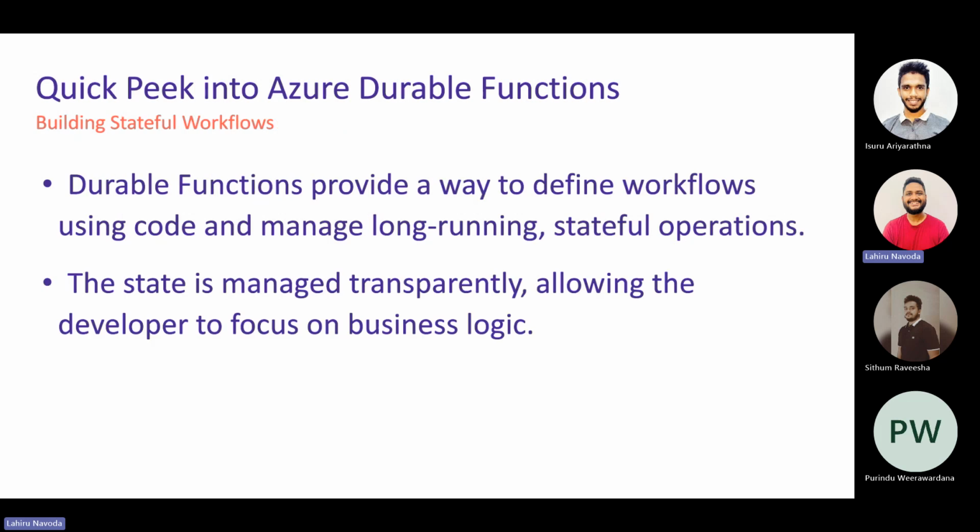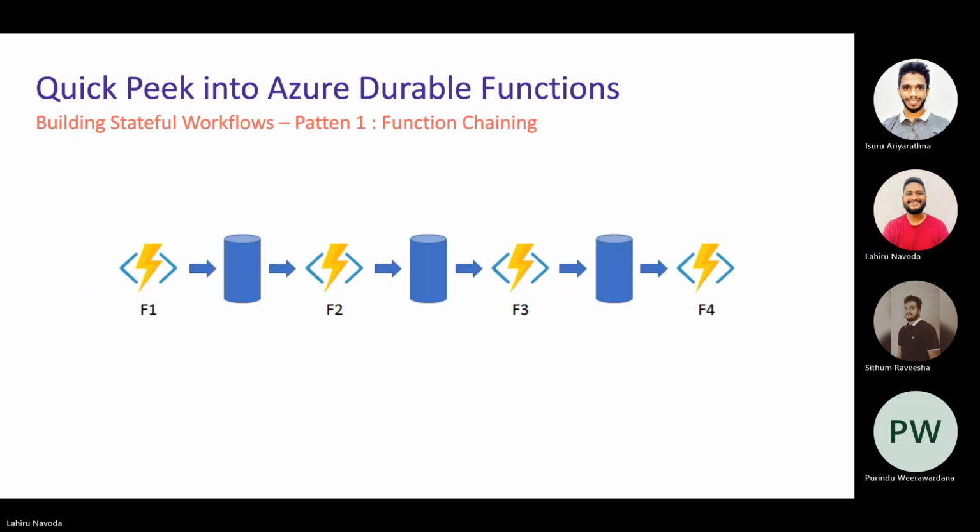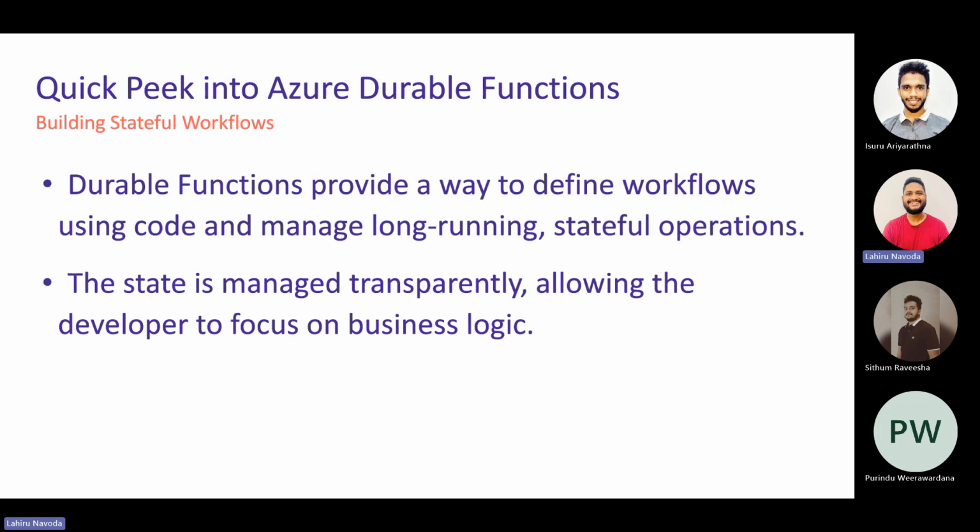Let's talk about building stateful workflows now. Durable functions, as I mentioned, provide a way to define workflows using code and manage long-running and stateful operations. The state we are talking about is managed transparently, allowing the developer to focus only on the business logic. The documentation itself provides many patterns for defining or building stateful workflows.